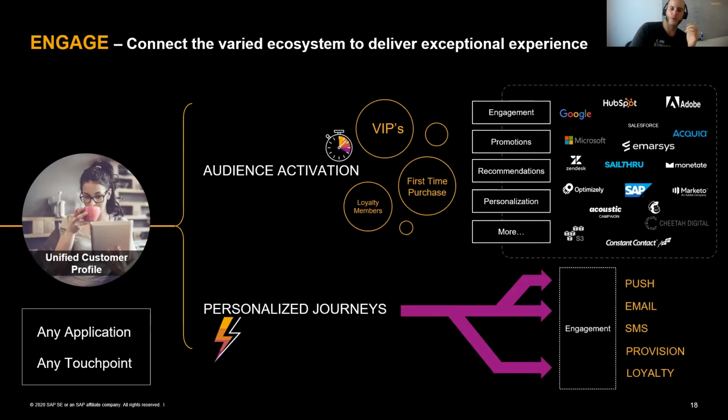So when we talk about engagement, we're talking about two types. We're talking about audience activation. When we say audience activation, it's basically say I want to take a specific audience from my customer base and set a couple of actions that I want to engage with them.